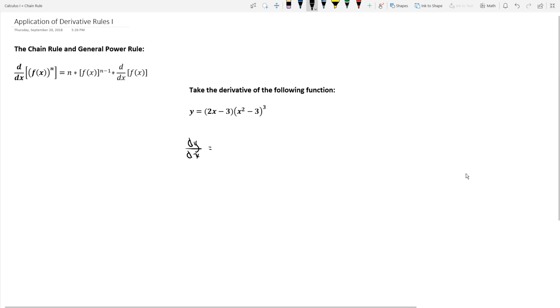The way that I'm going to set this up is I'm going to begin with, of course, the derivative d with respect to x of the first term, which is 2x minus 3, multiplied by (x squared minus 3) cubed, plus the derivative d with respect to x of the second term, (x squared minus 3) cubed, multiplied by the first term of 2x minus 3.